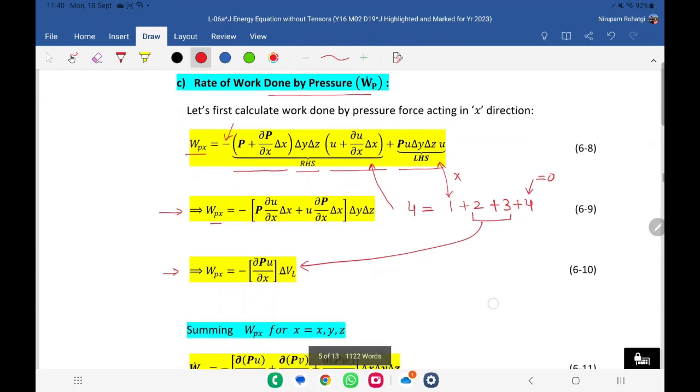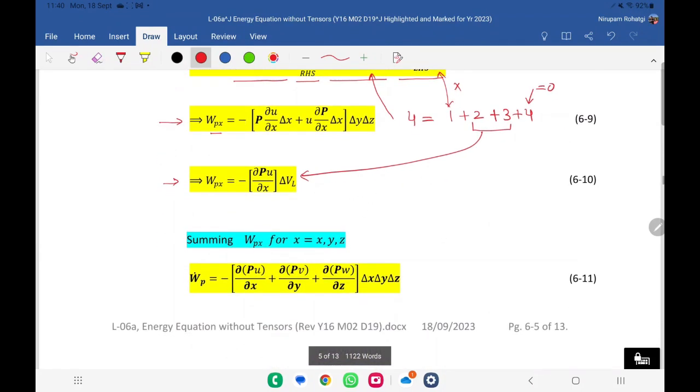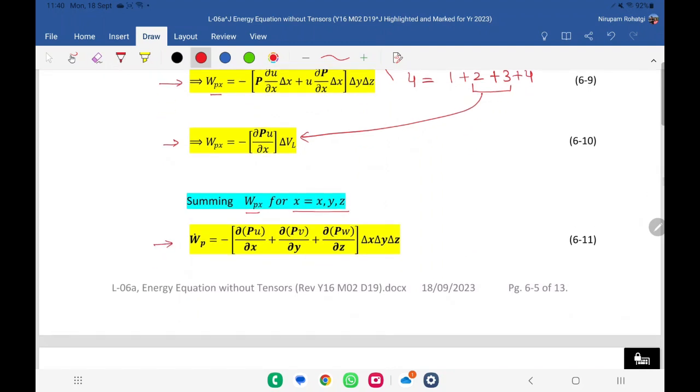Okay, now what you do, you add up for x, y, z. So what you will get, you do this, you keep changing x to y, then x to z, u to v, and v to w. You get this.